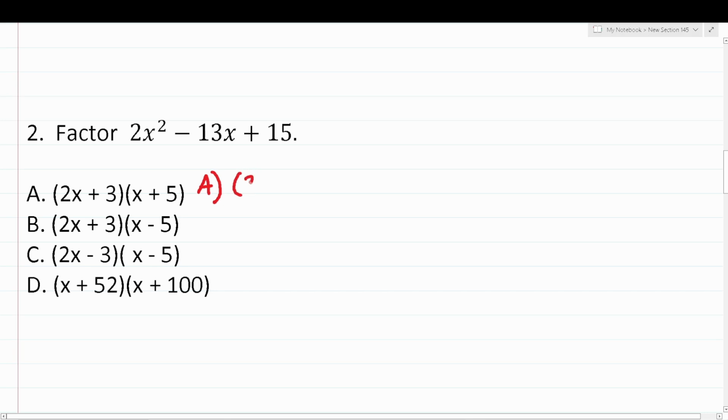As you can see, we have 2x plus 3 times x plus 5. To multiply these two polynomials together, we're going to take this 2x and multiply it here and here.